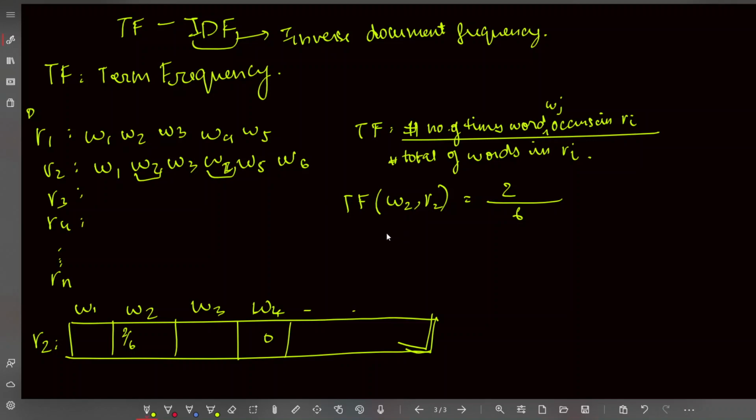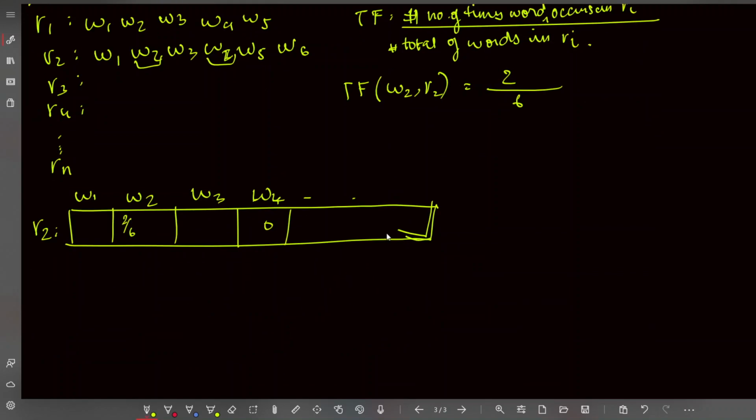So now that we have understood term frequency, let's also understand what inverse document frequency is. Inverse document frequency is basically log of the total number of reviews in your data set. Over here I have n reviews, right?